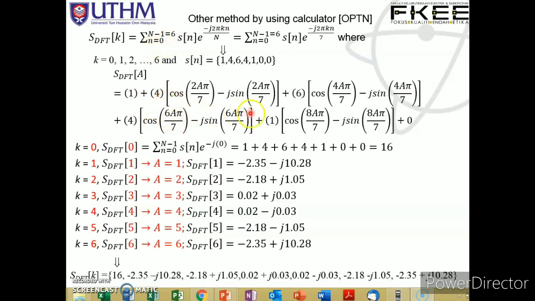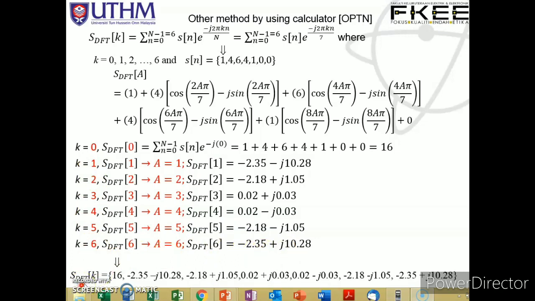So this is a long equation, so we can write all the equation in the calculator and then just change the value of A. For example, k equals 0, and then you can get the answer in a fast way. Then we just change A equals 1 until 6 and you will get the answer.